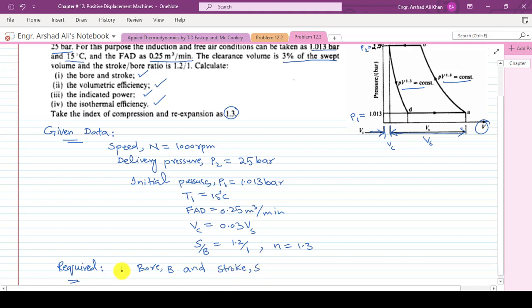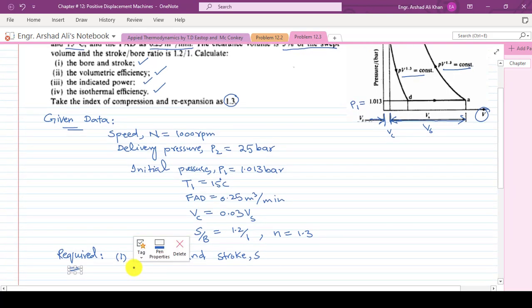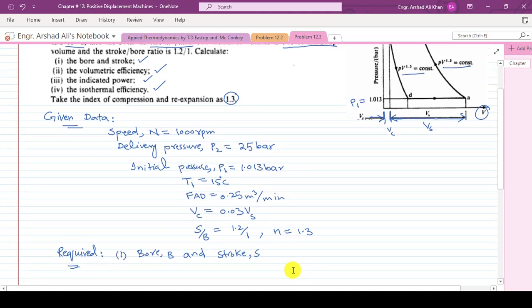Second, we have to find the volumetric efficiency.